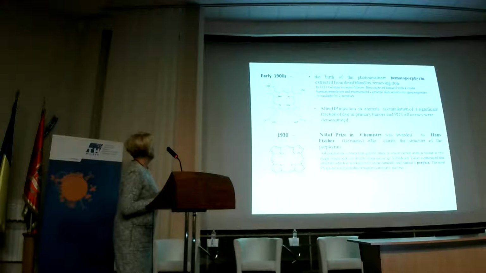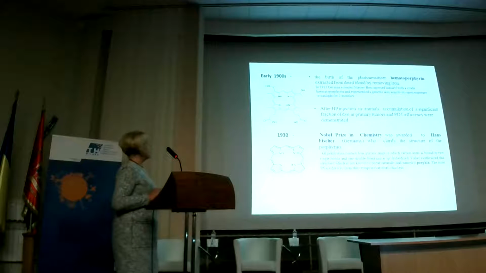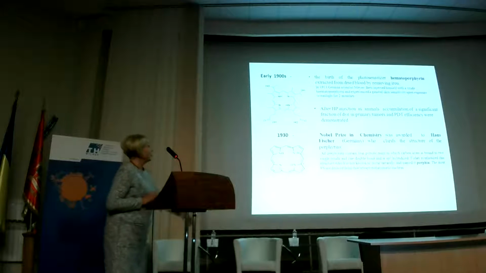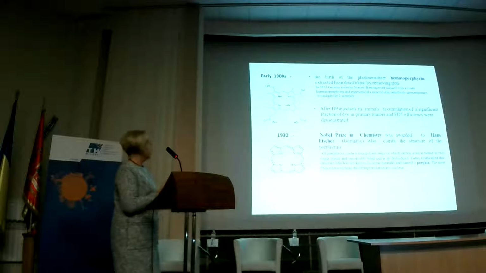Let's go on. The early 1900s. The birth of the photosensitizer hematoporphyrin. It was extracted from the blood by removing iron.